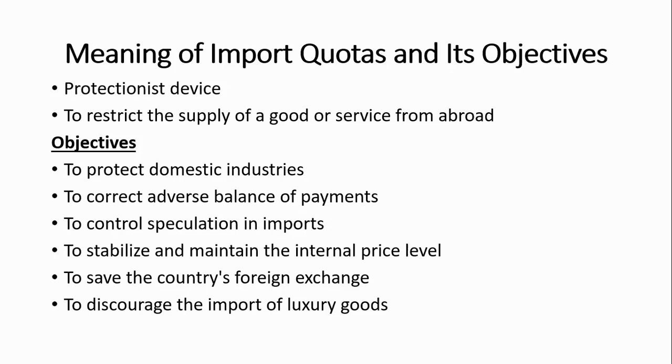Now let us see the objectives of the import quotas. The reasons for which import quotas have been imposed are: the first one is to give protection to our domestic industries from foreign competition by cutting imports. The second one is to correct the disequilibrium in the balance of payments by restricting imports.